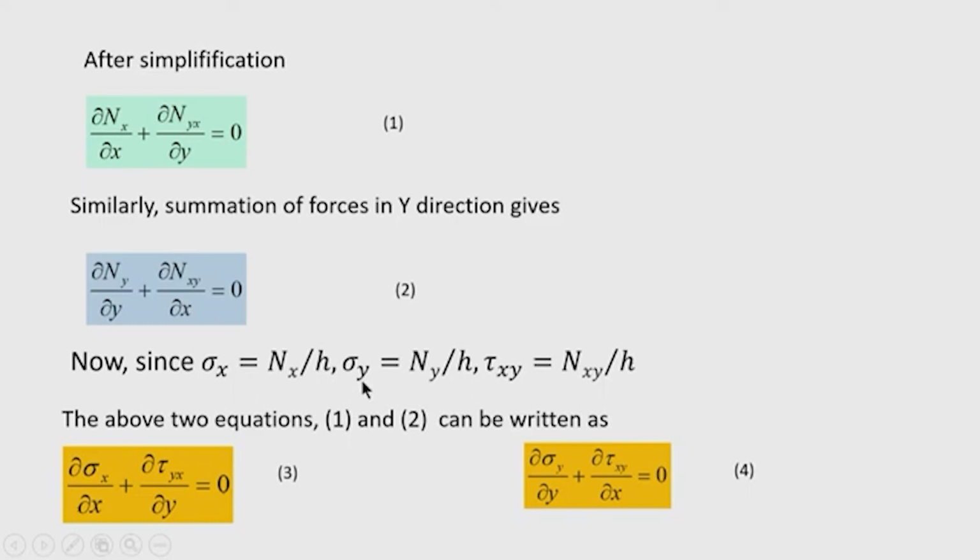Similarly, we can write sigma y is equal to n y by h, and tau x y we can write n x y by h.